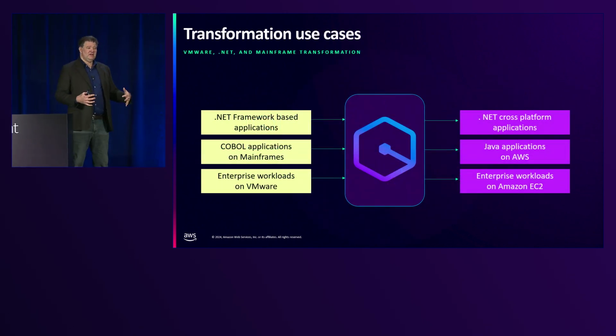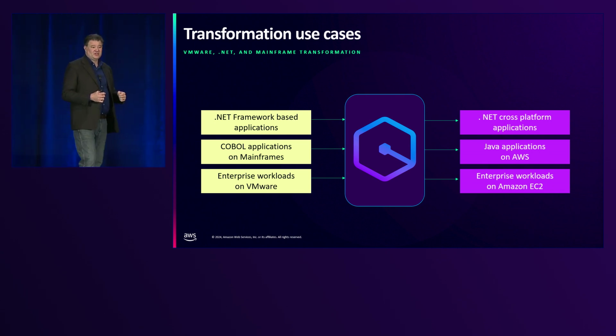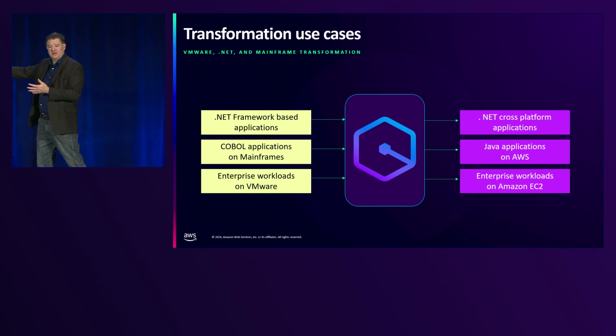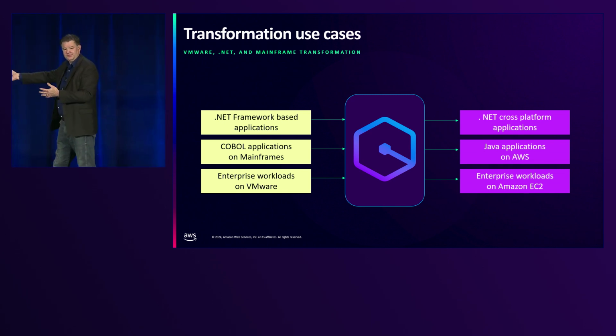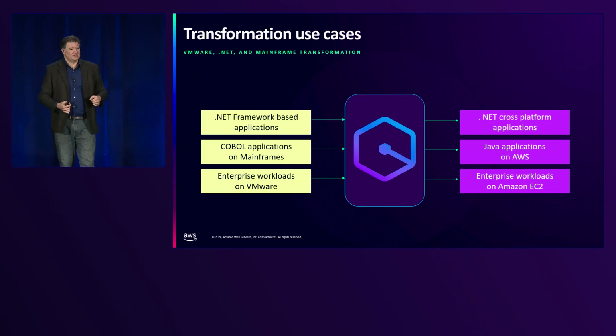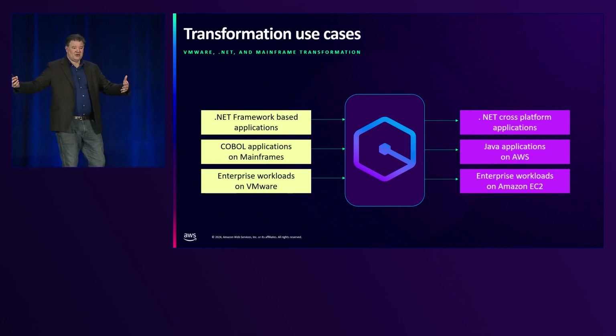So what we're launching here at re:Invent today is a preview of 3 of those particular pieces of the journey. The first one is .NET Framework Modernization, running on .NET Framework and modernizing it to .NET Core, running on Linux. The second one that we launched was Mainframe Modernization, taking your COBOL code and transforming that to Java and running that on EC2.